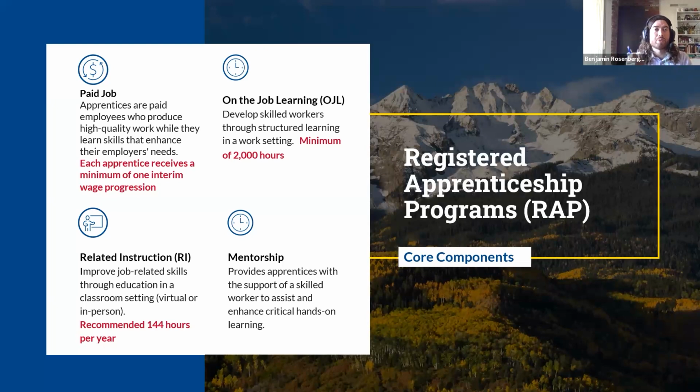Every time the apprentice is going to do something and learn a new skill, they have a mentor right over their shoulder, making sure they're doing it right, making sure that everything's being done properly, and making sure that everything is safe. Those are the critical core components to an apprenticeship program. It is a paid job with lots of on-the-job learning, some related instruction, and a mentor helping that apprentice throughout the entire on-the-job learning process.